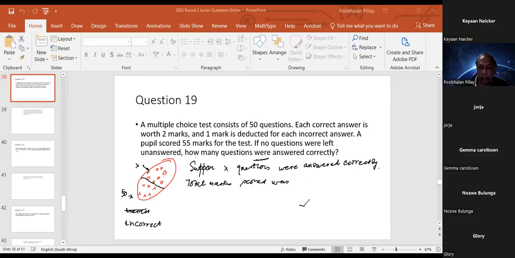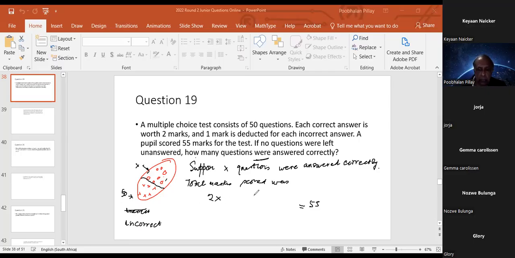On the one hand, it was 55. On the other hand, you can calculate it. You got X correct, and each correct answer got 2 marks. So these questions here would have earned 2X marks.